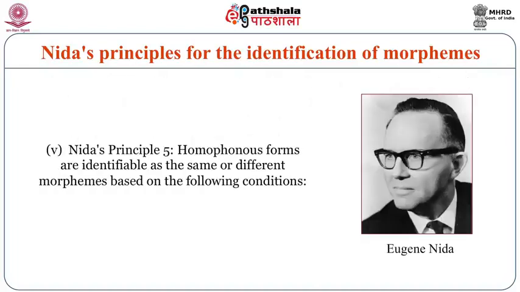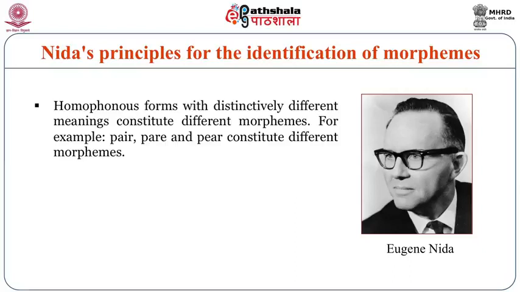According to the fifth principle, homophonous forms are identifiable as the same or different morphemes based on the following conditions. Homophonous forms with distinctively different meanings constitute different morphemes. For example, pair, pare, and pear constitute different morphemes. One is PAIR, second is PARE, and the third is PEAR.